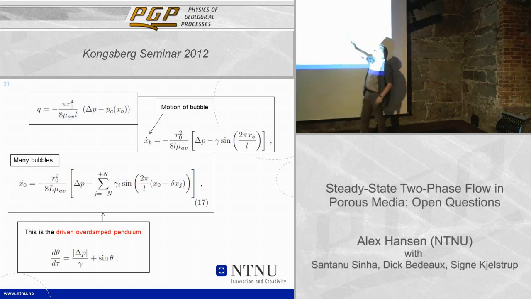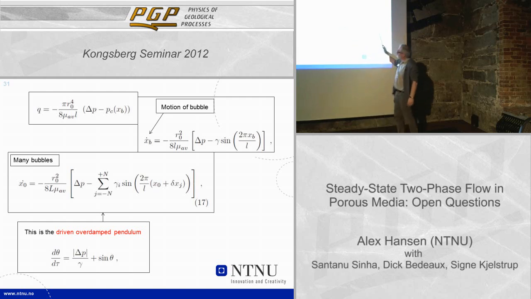That means that the time derivative, the velocity of the central mass of the bubble, behaves like this. And if I have many bubbles, I get something like this. But this is a well-known trivial system. For example, from the book by Strogatz on dynamical systems, this is the driven overdamped pendulum. So you know everything about this system. This is a classical thing from dynamical systems theory.